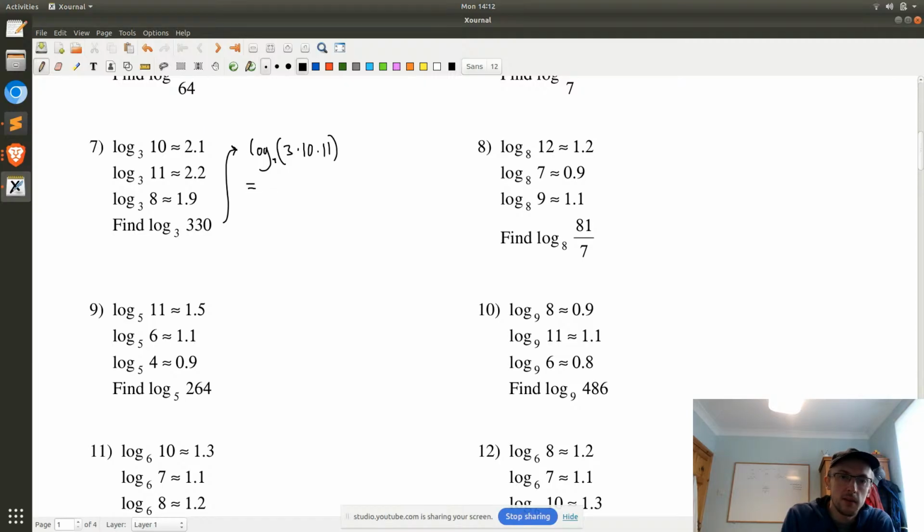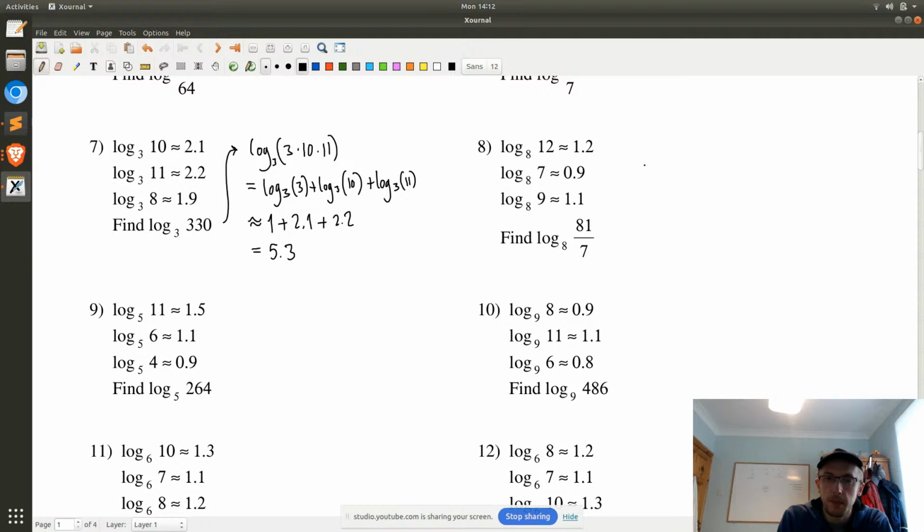So that's log base 3 of 3 plus log base 3 of 10 plus log base 3 of 11. And log base 3 of 3 is 1. By the given figures, that is approximately 2.1, and that there is 2.2, which is 5.3.